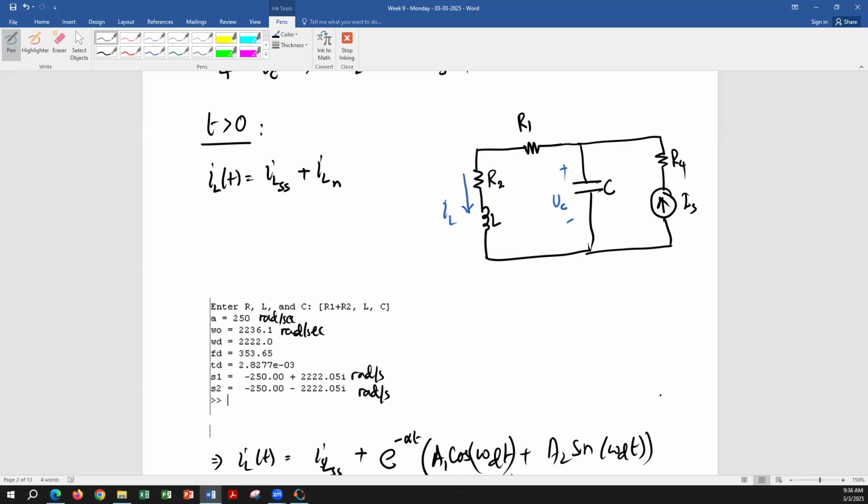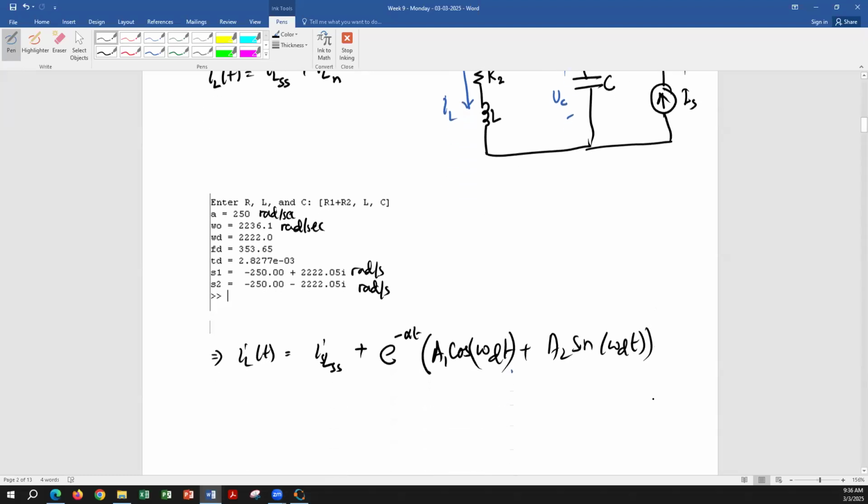Yes, very good. Why? Capacitor is open, exactly. Capacitor is open, inductor is short, all the current is going through R4, R1, R2, and inductor since capacitor is open. So steady state value of the inductor current is Is.